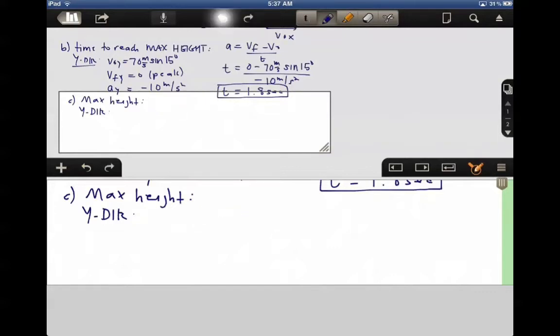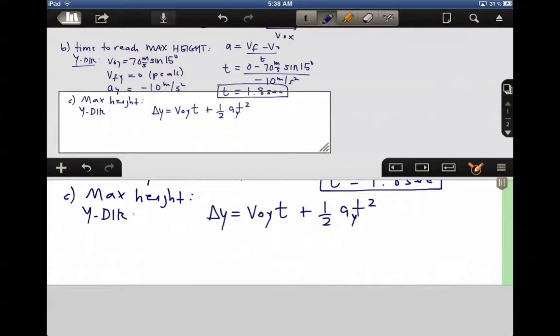Sorry, let me clean that up. With delta y. Now, I'm putting subscripts in to show y's everywhere. I change d to delta y, v naught y, a y t, to remind myself that I can only sub in y values. I know everything in this equation but what I'm trying to solve for, which is delta y.